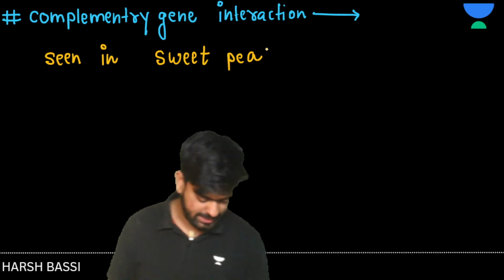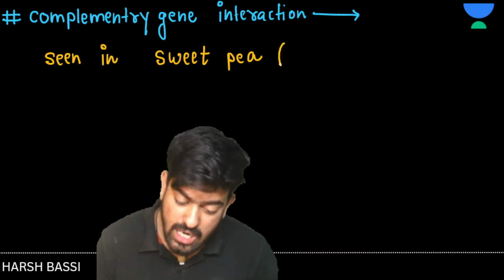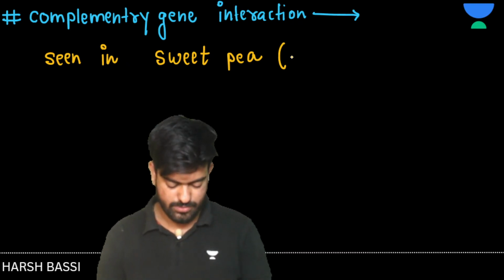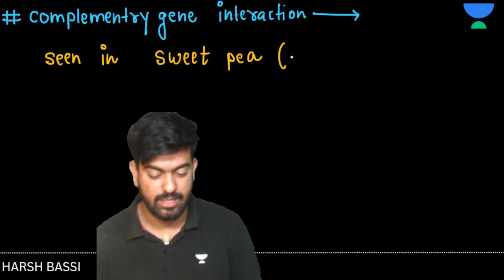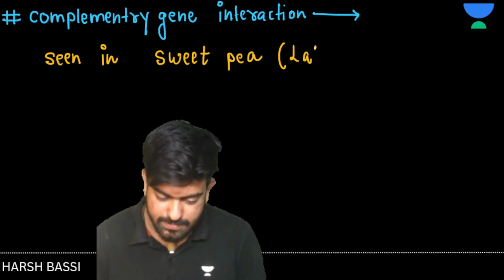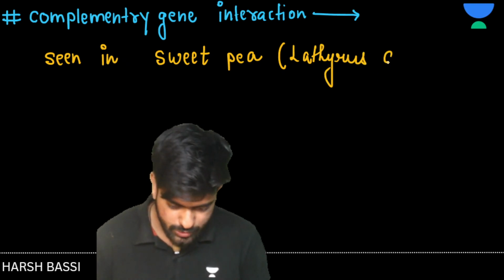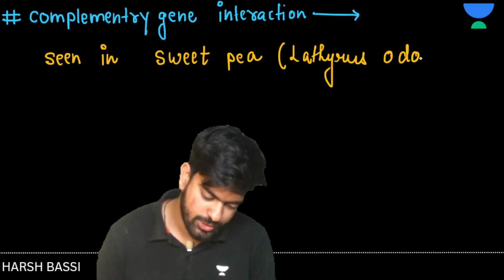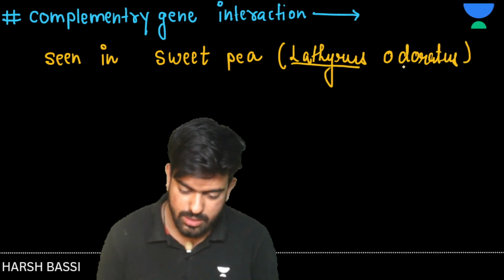Okay, everyone? Great, sir. Now see, if I'm talking about the sweet pea, what is the scientific name? So the scientific name for this sweet pea is Lathyrus odoratus. This is the scientific name for the sweet pea.